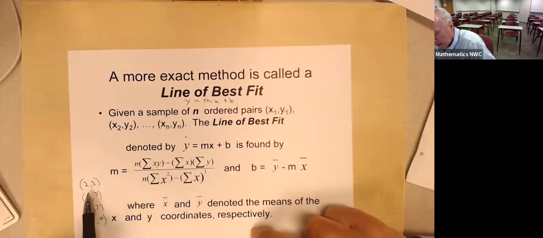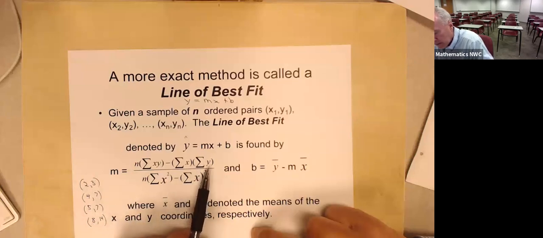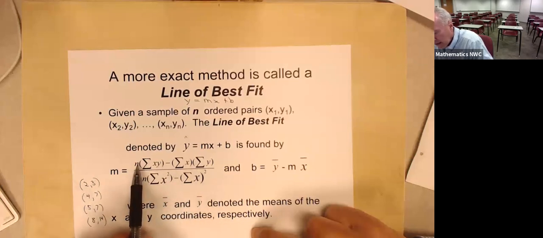So I would add 6 to 28 to 35 added to 112. And I would then subtract the sum of all the x's, 2 plus 4 plus 5 plus 8, multiplied times the sum of the y's, 3 plus 7 plus 7 plus 14. Subtract it from that, take it times how many ordered pairs: 1, 2, 3, 4 ordered pairs.